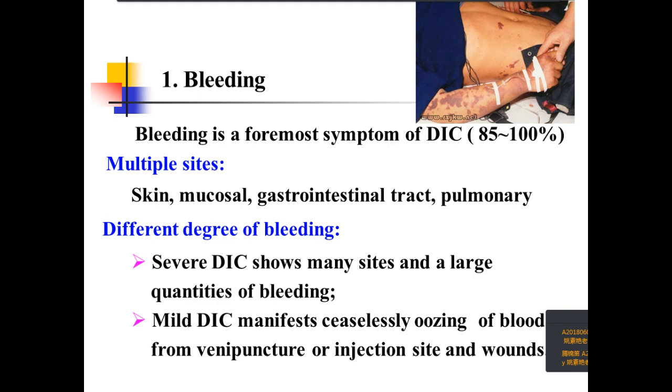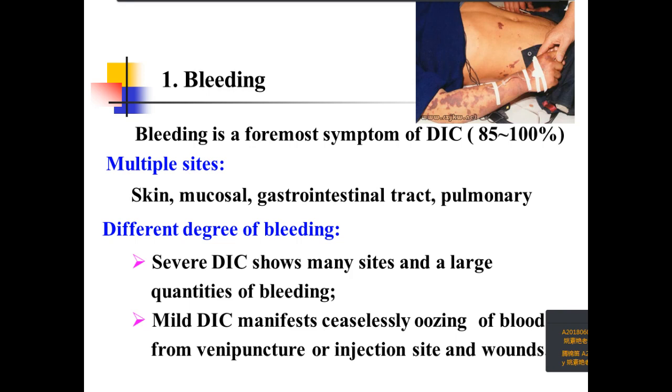Why? Because the fibrinolytic system is activated, plasmin increases, so coagulation function decreases, and bleeding happens. Now during the secondary fibrinolytic stage, FDP is produced. What is the function of FDP?